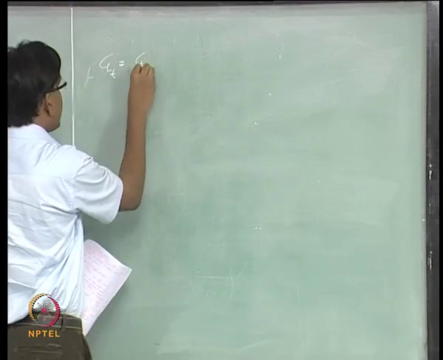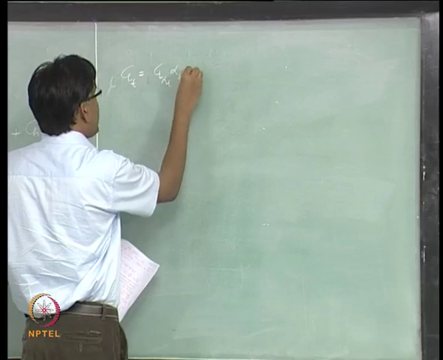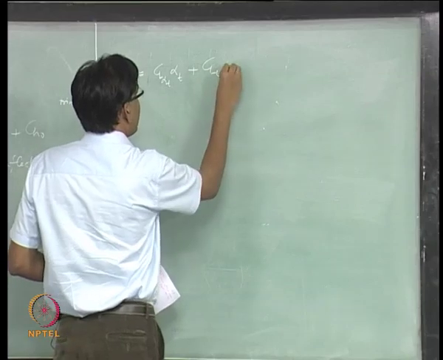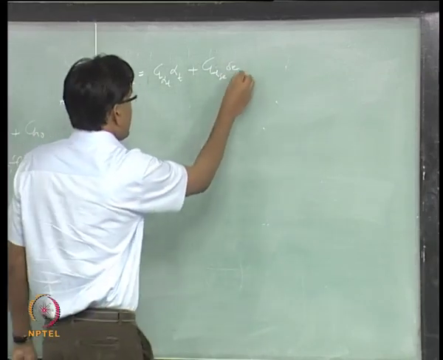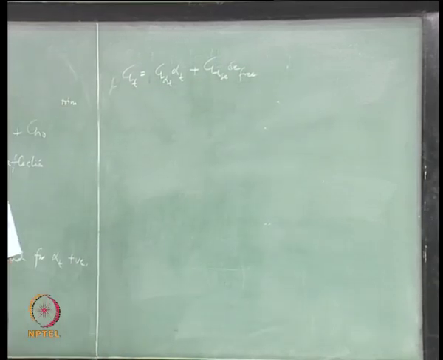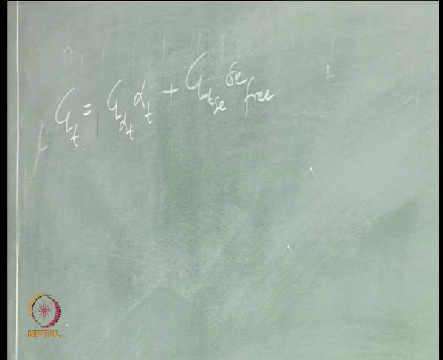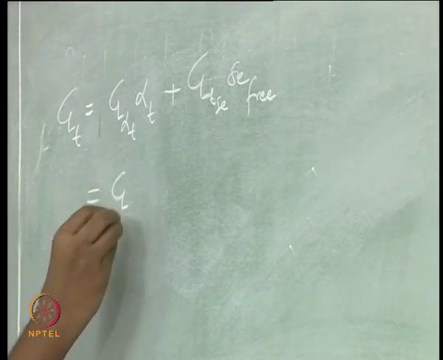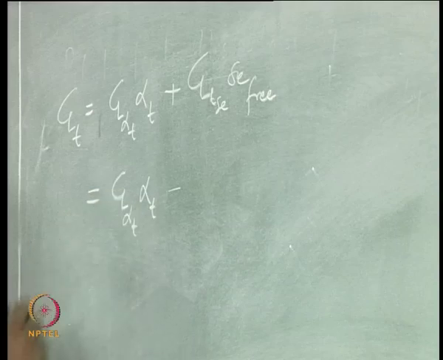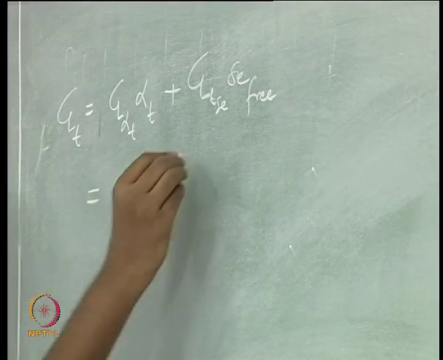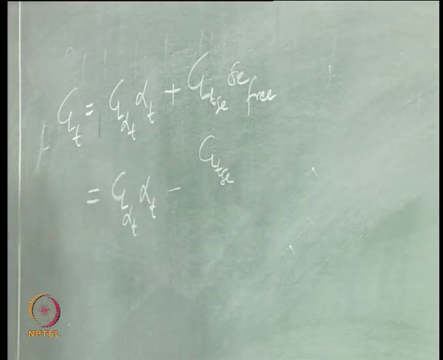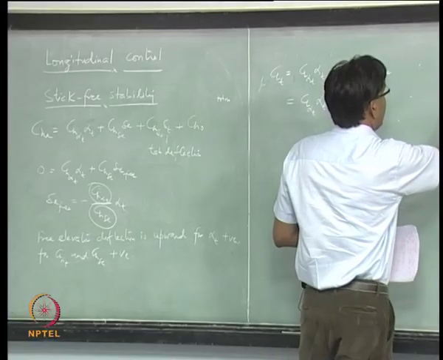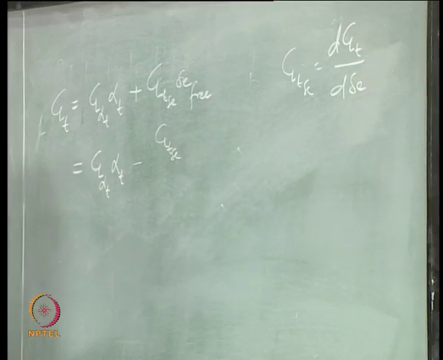So, CL alpha t is going to be, right. So, automatically you see this component, right, and that is this CLT delta E is this. Okay.